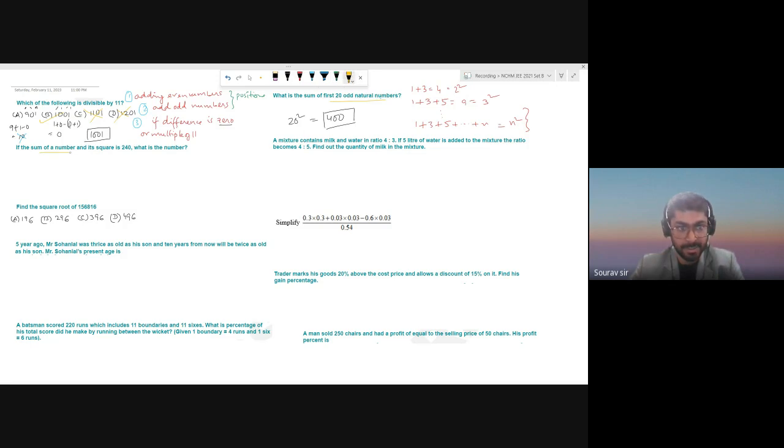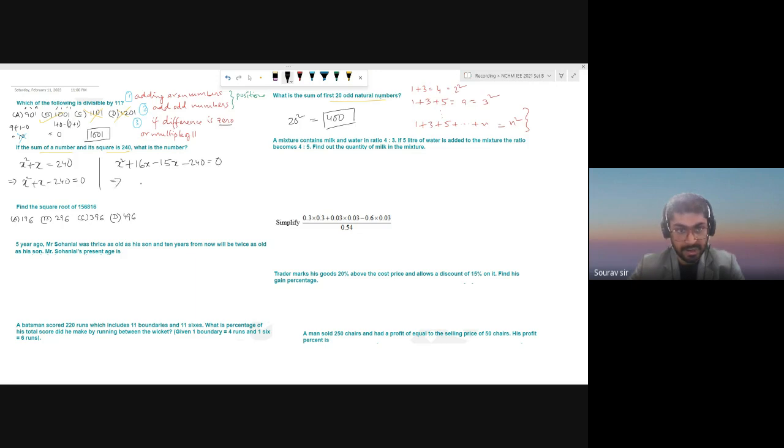The sum of a number and its square is 240. From the equation, x square plus x is 240. That's a simple quadratic equation. You have x square plus x minus 240 equal to 0. You can factorize 240 as 15 times 16. So x square plus 16x minus 15x minus 240 equal to 0.